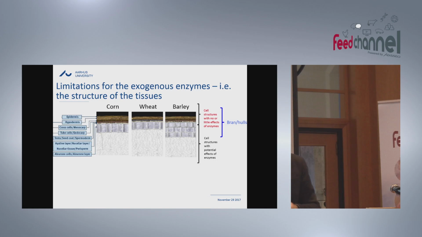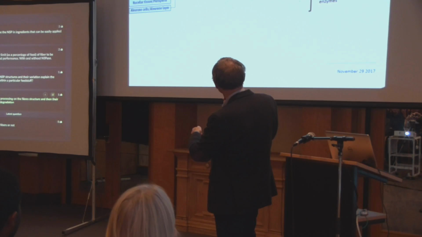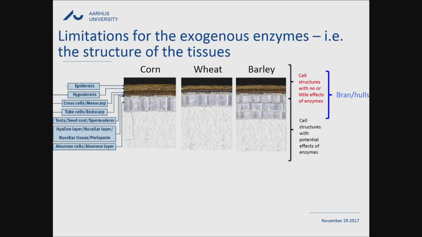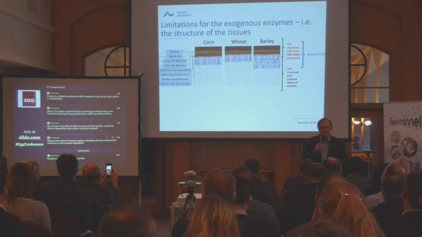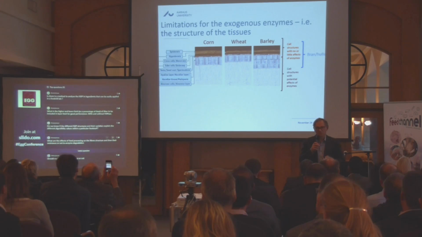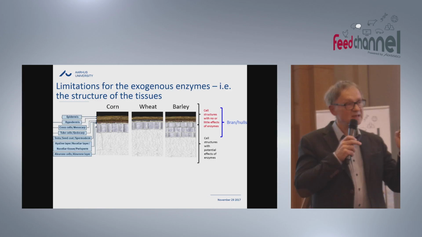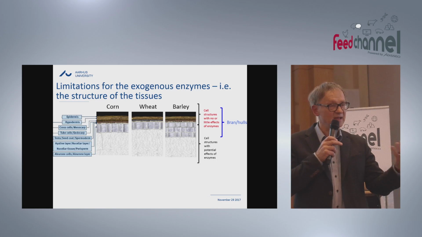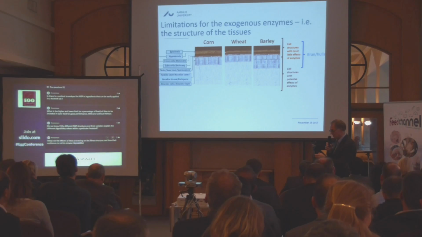In addition, this part of the grain can be handled to a large extent. We will not be able to degrade all the polymers present in this cell wall material, because there's still some limitation in terms of the structure of these materials. But the advantage is that whenever you open up this cell structure, the endogenous enzymes will also get access to some encapsulated nutrients that are present.